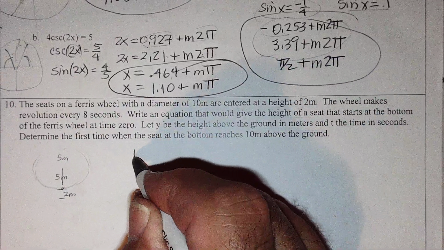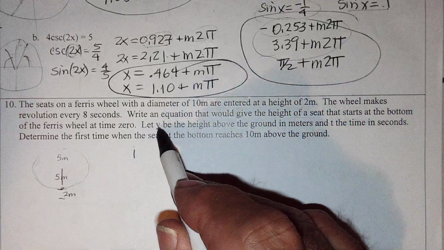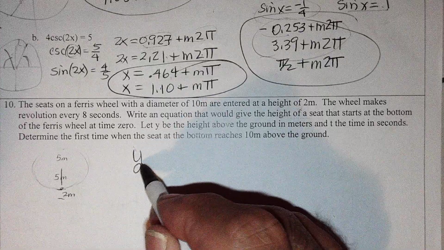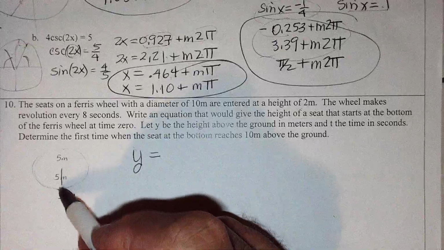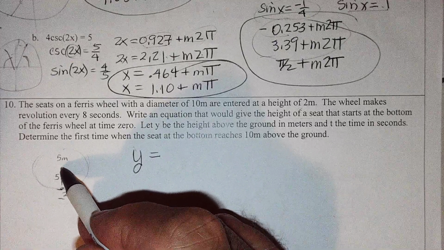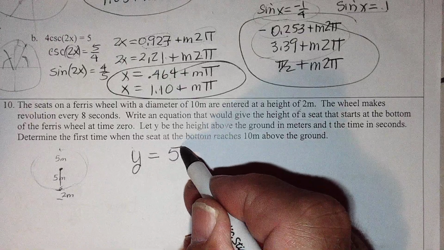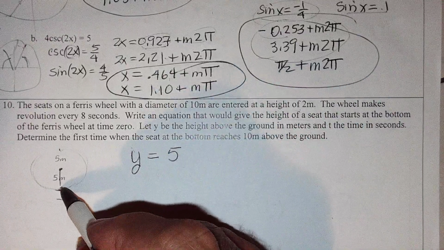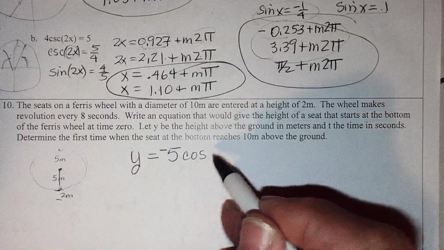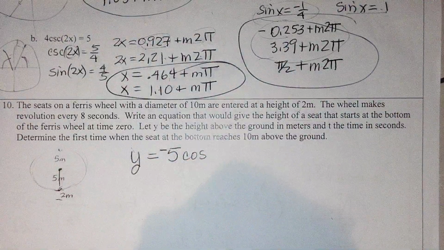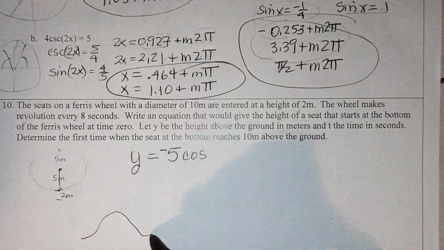So the height, let y be the height. The amplitude is going to go from 5 below the center to 5 above the center. So the amplitude is 5, but it starts at the bottom. So I'm going to use the cosine curve and make it negative so it can start at the bottom and go up and down, and then up and down.